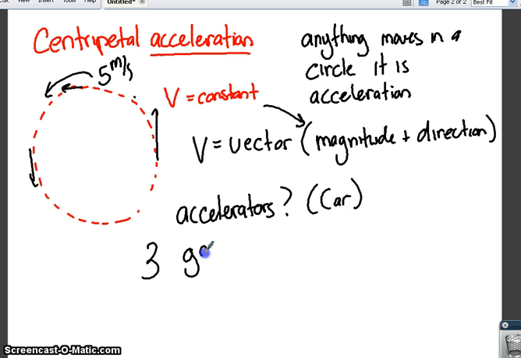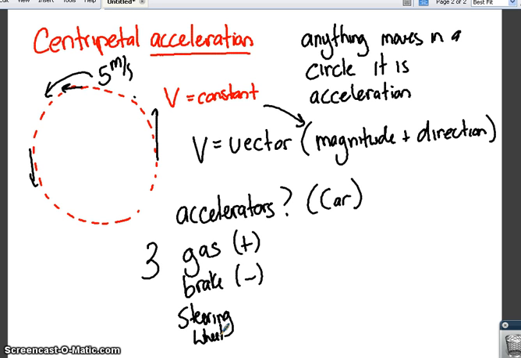You have the gas pedal for positive acceleration, you have the brake for negative acceleration, and then you also have the steering wheel. Because the steering wheel can turn you, and if you are turning, you are changing direction, and if you are changing direction, you are still accelerating even if it is at constant speed.